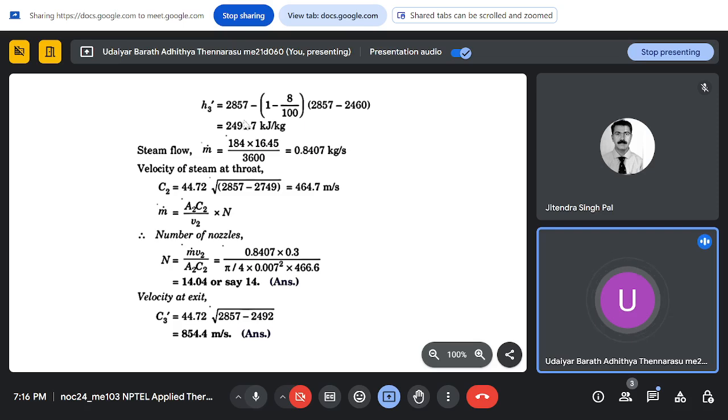Similarly, we know the exit enthalpy, so the exit velocity is root of 2 into (h1 minus h2), inlet minus exit. It comes out to be 854.4 meter per second.